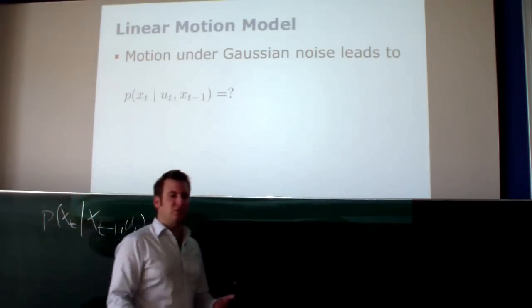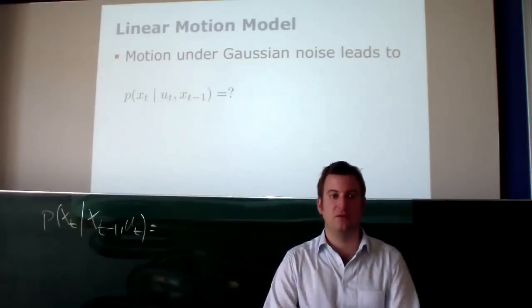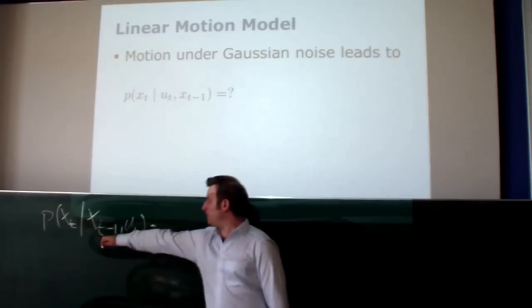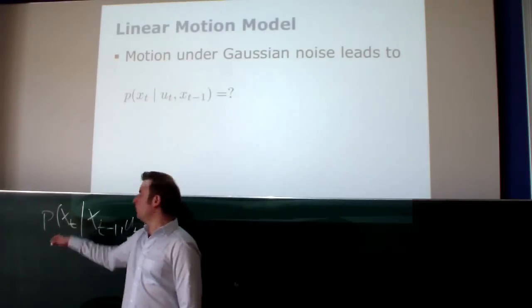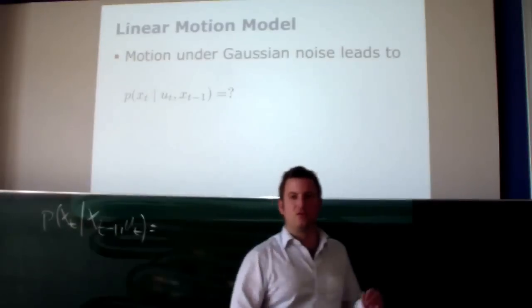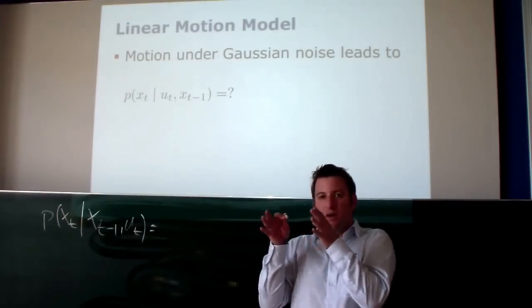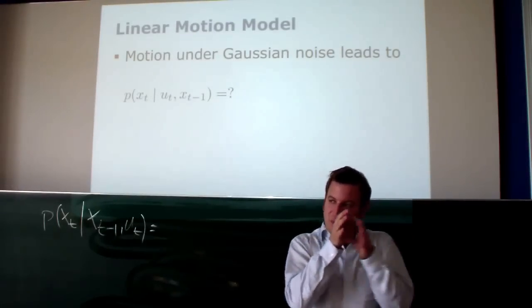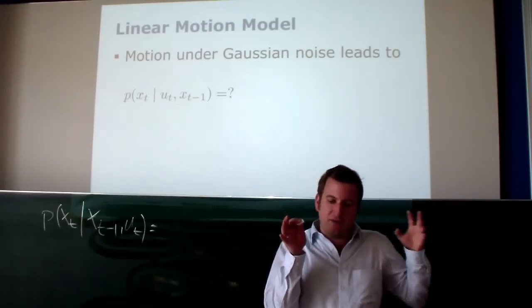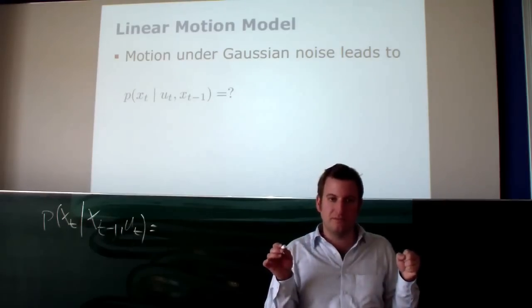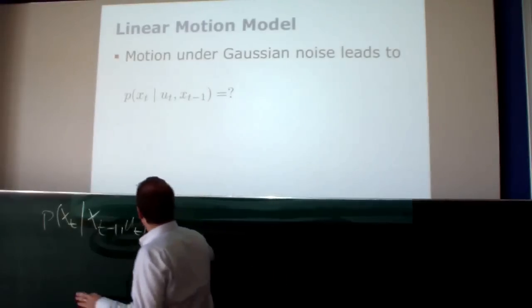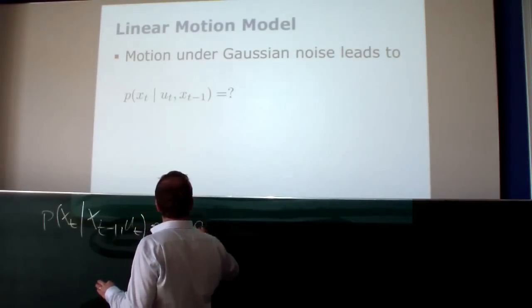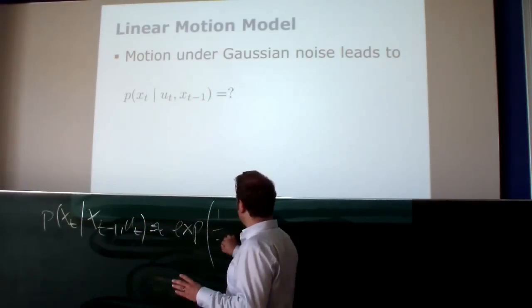So this needs to be a Gaussian distribution as well, right? So given we know where we have been before, which command has been carried out, where are we going to end up? We have Gaussian noise on the way in the context of this linear function. So let's simplify it a little bit and just look at the exponent term, which is the relevant term.